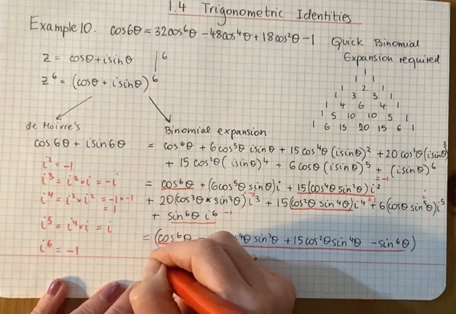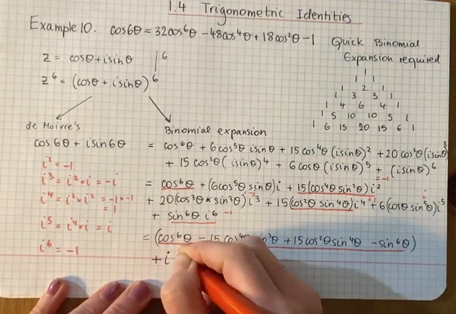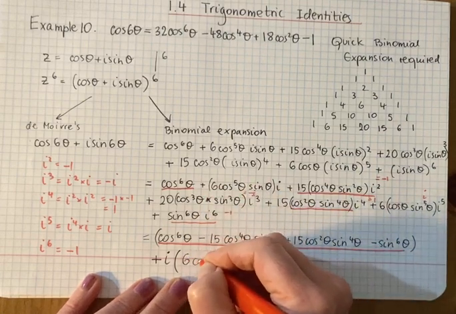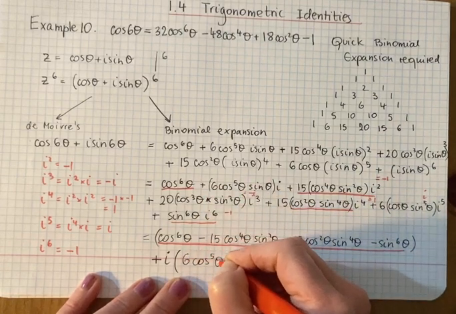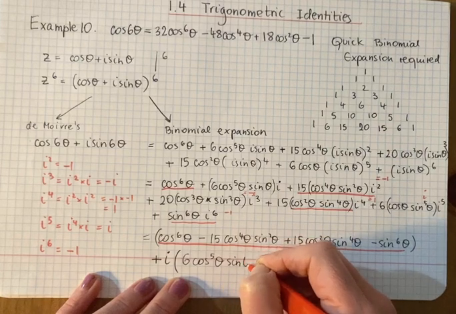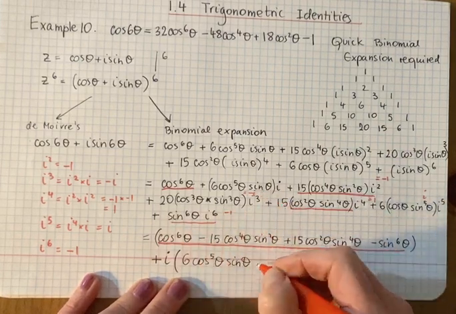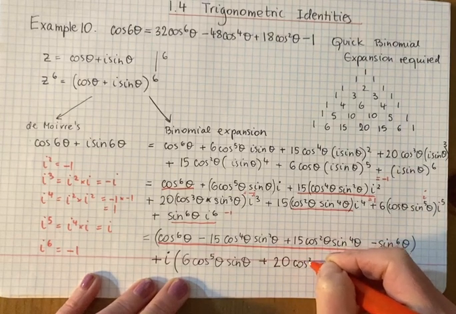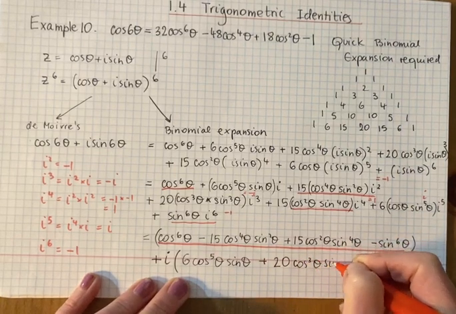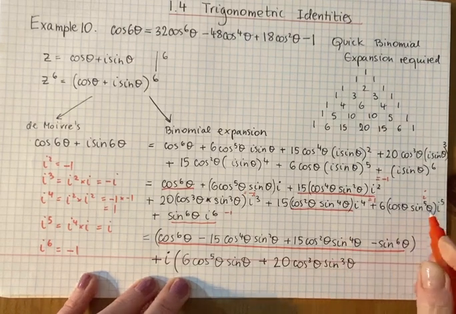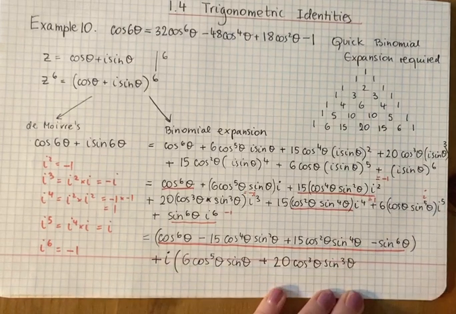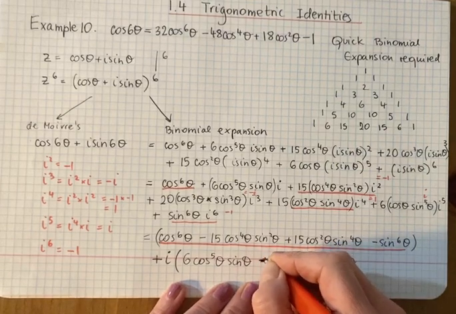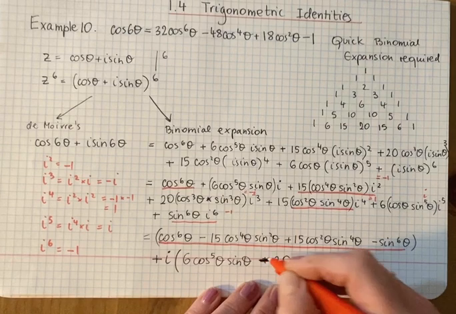And then the imaginary part, so I'll put everything in brackets. It's going to be 6 cos 5 theta sine theta, and then you've got 20 cos cubed theta sine cubed theta, and then it was minus, apologies, forgot about that, it was i cubed, so that was minus.